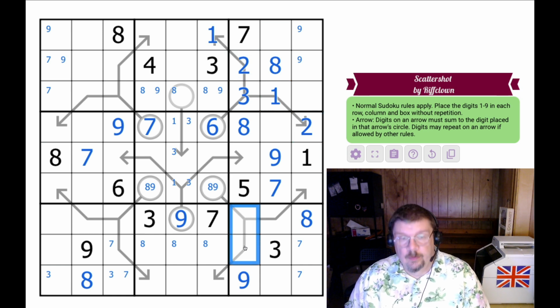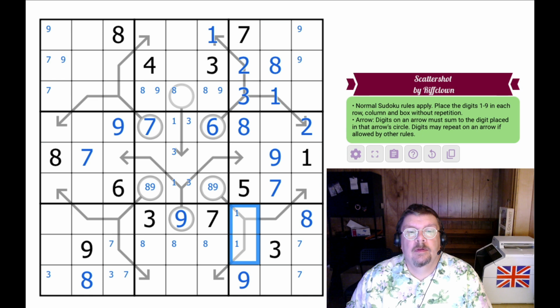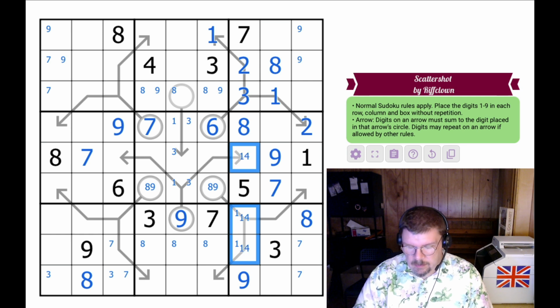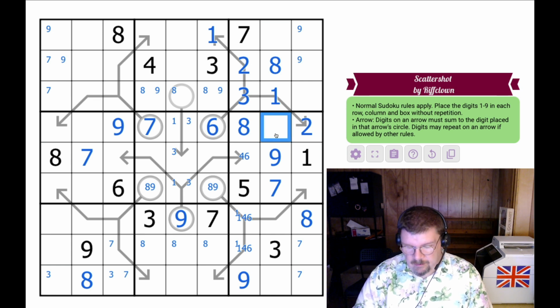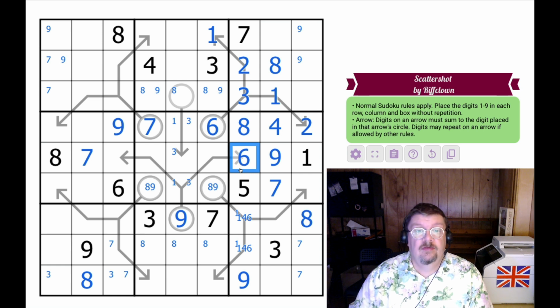That places a 1 onto one of those two. In fact, what are my digits left in this column? They are 1, 4, 6. And that is not a 1. That's a 4 or 6. In fact, that's a 4. So that's a 6.